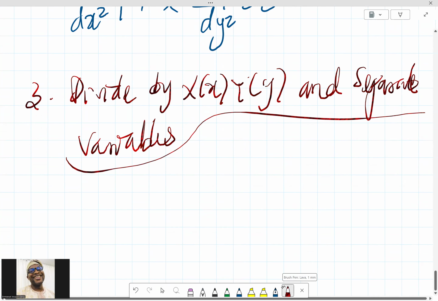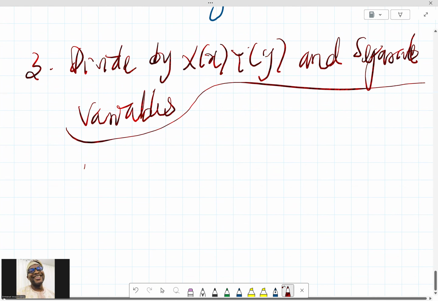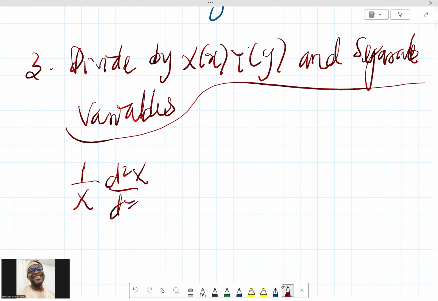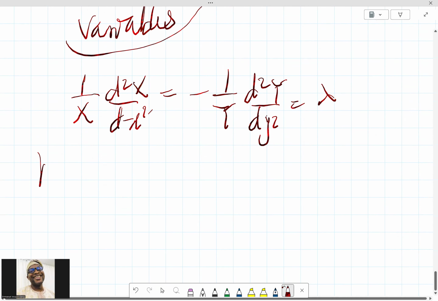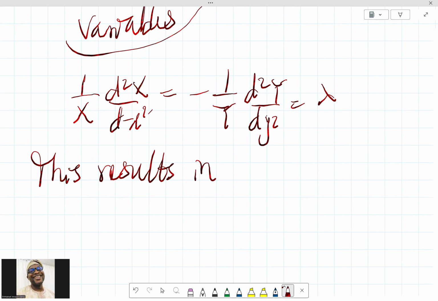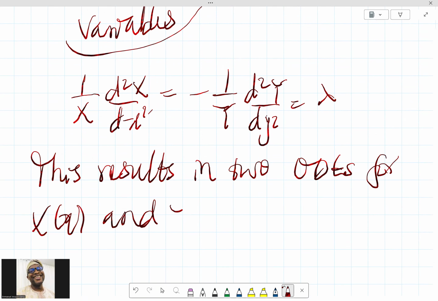In that case, we have 1 over X d squared X dx squared equals minus 1 over Y d squared Y dy squared. That is equal to lambda. So this results in 2 ODEs for X of x and Y of y.